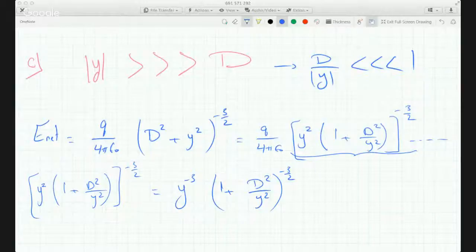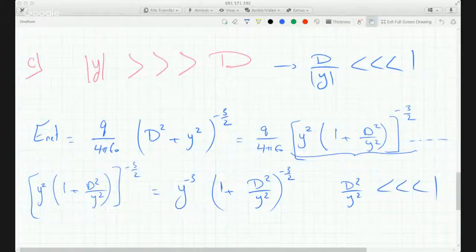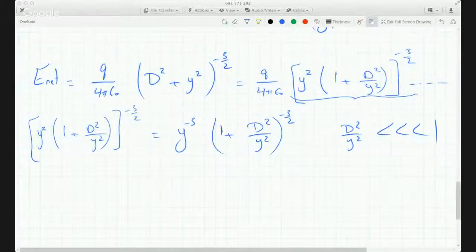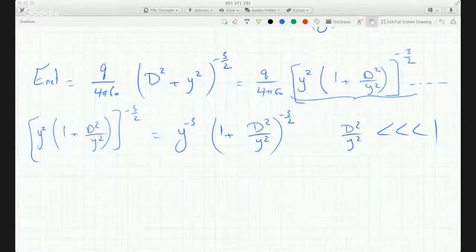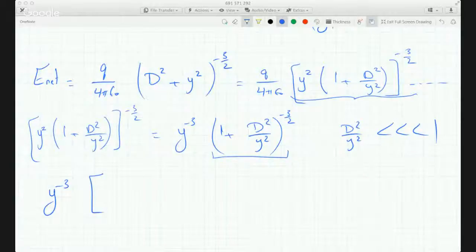Now, since d squared over y squared is much, much less than 1, you could do a power series expansion on this. This is a binomial series. So if you remember, this becomes y to the minus 3, 1 plus kx, where k is minus 3/2 and x is d squared over y squared.